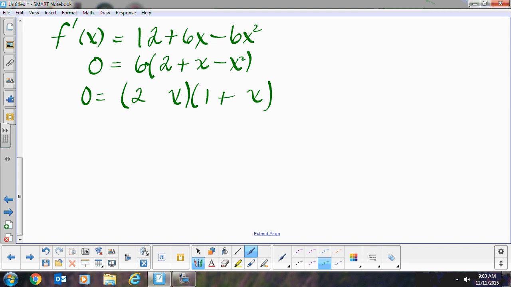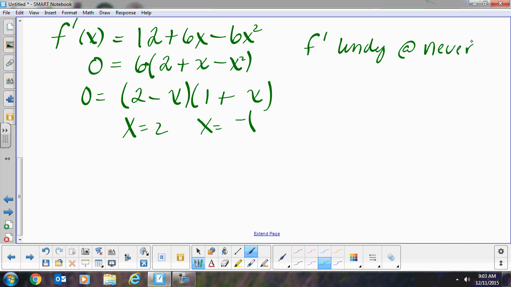So do you agree that my outside will be positive 2, my inside will be minus 1 to give me a positive x? This means x equals 2 and x equals negative 1. Where is this derivative undefined? Never. All right. So they're asking for increasing.